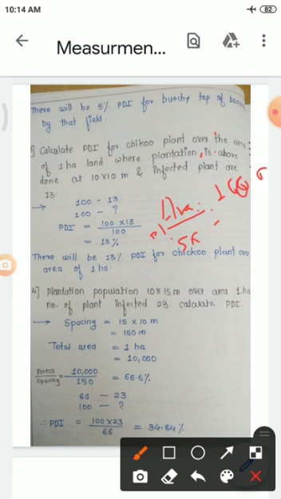So PDI is equal to 100 into 13 divided by 100. So 13% PDI for chiku plants over the area of 1 hectare. That means 13% of plants will be damaged due to the disease. In that way, a few more examples are also given in your manual. So you have to calculate them. Next one.